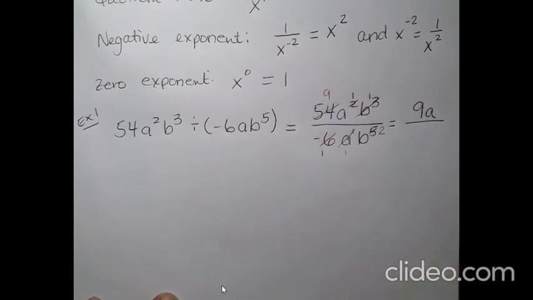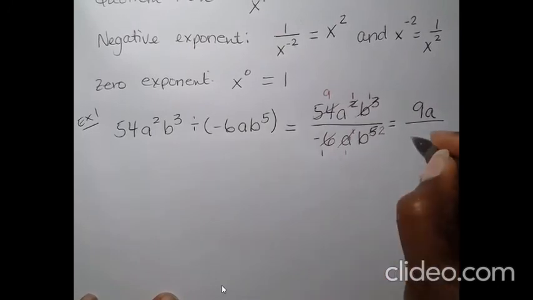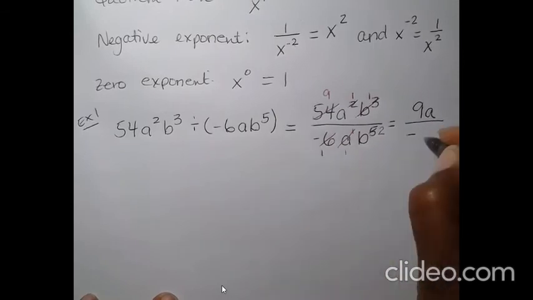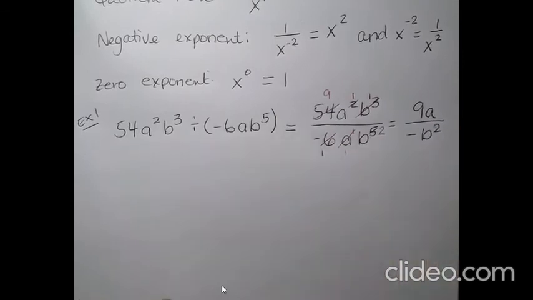The b is reduced to 1. And we have negative, because this negative sign stays here, b squared. We've basically reduced the fraction down to its simplest form.